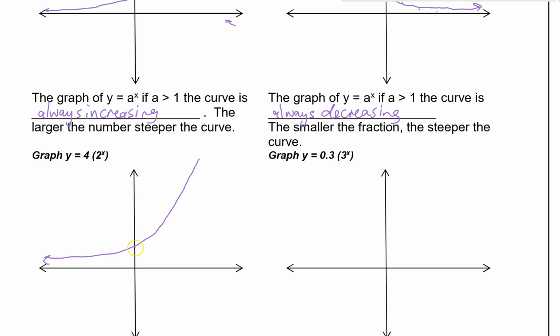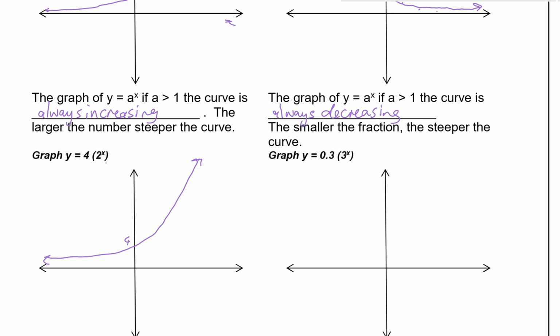Where's it going to cross? What's 4 times 2 to the 0? 2 to the 0 equals 1, so I get 4 there. 4 times 2 to the x is not the same as 4 times 2 all to the power of x.